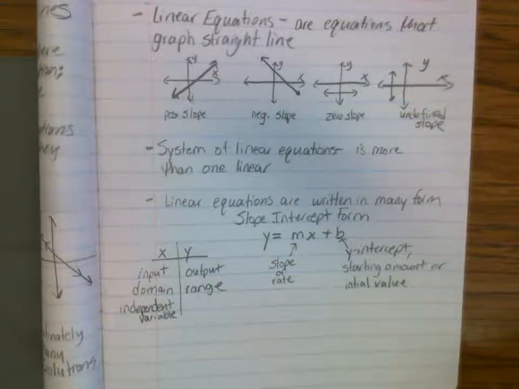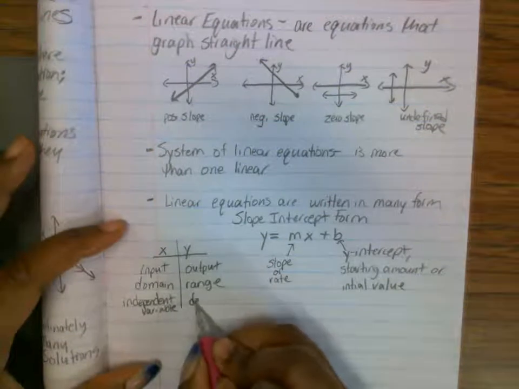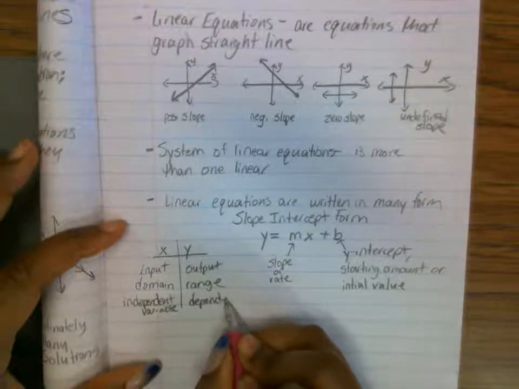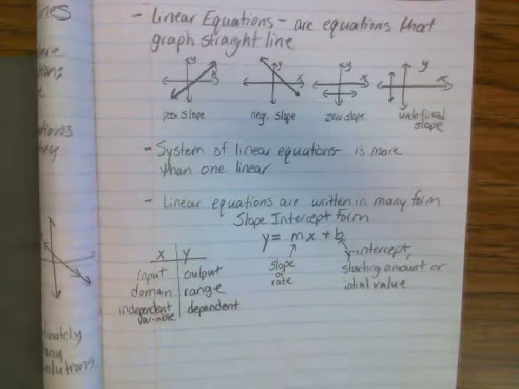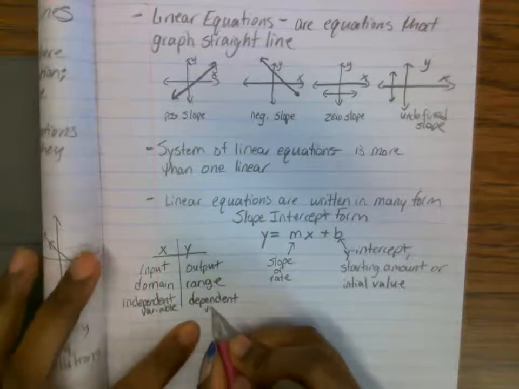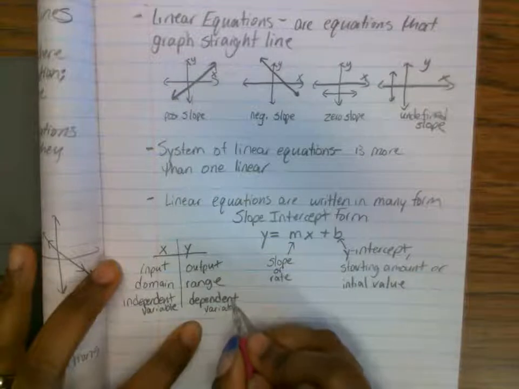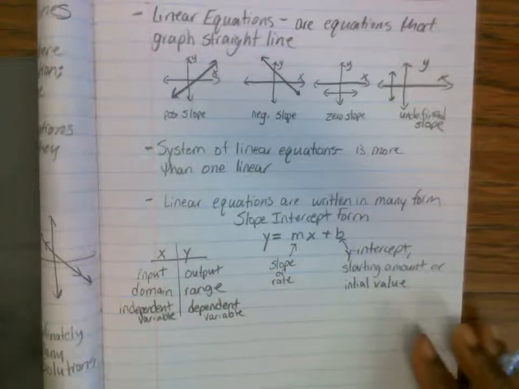And when you're looking for the meaning of y, sometimes they say, what is the meaning of y? Or sometimes they'll say, what's the dependent variable? So your dependent variable is not asking you to list those y values, it's asking you for the meaning of y.